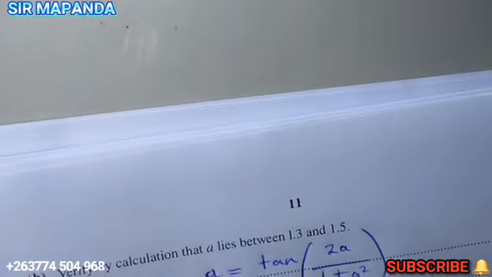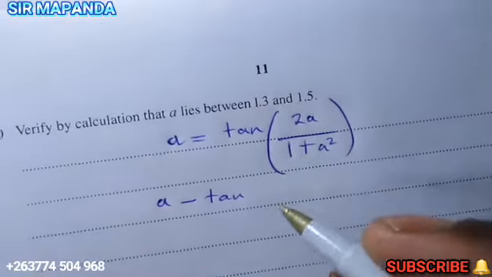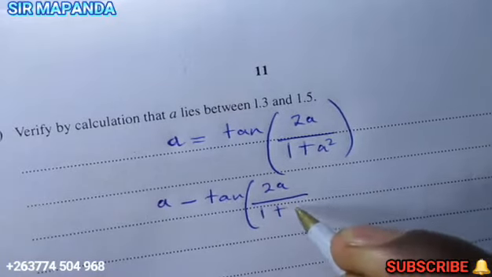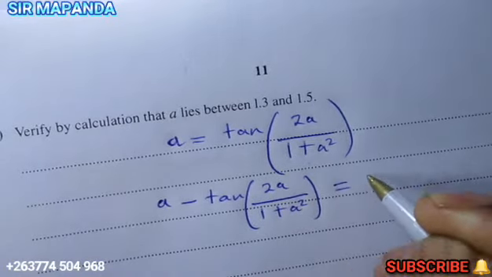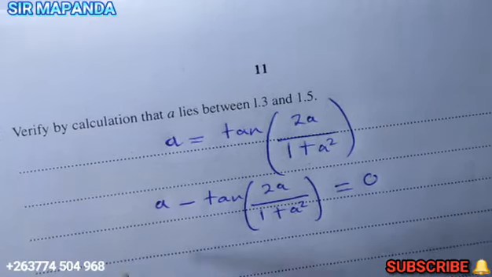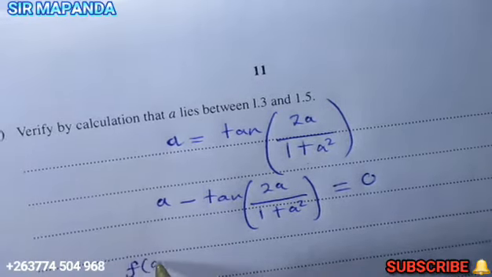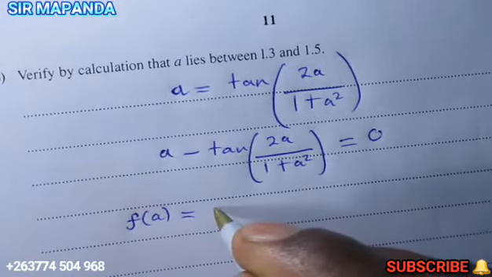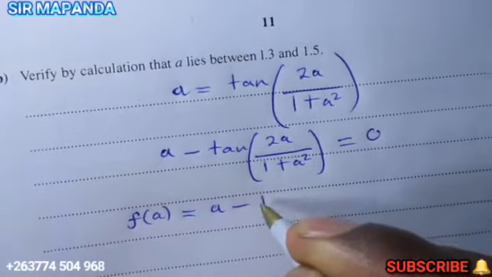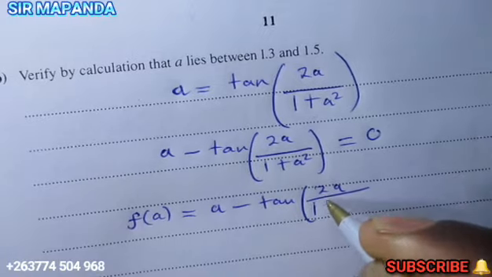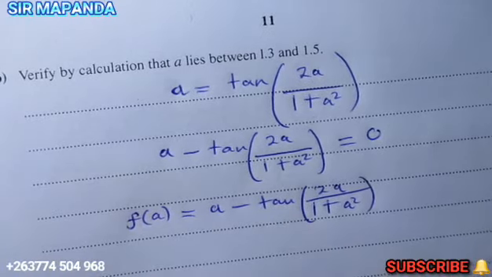So let me move tan on the left. You get a minus tan, open bracket, 2a over 1 plus a squared is equal to 0. Something like this, right? Then create an expression for f of a.